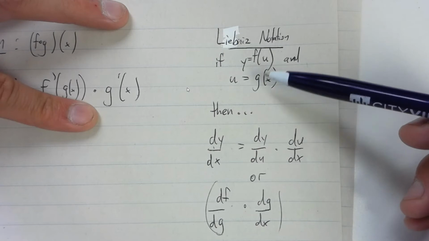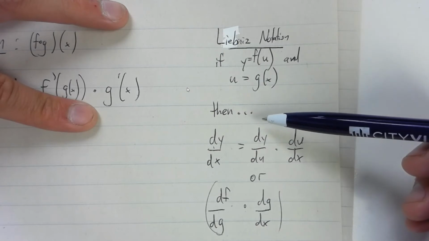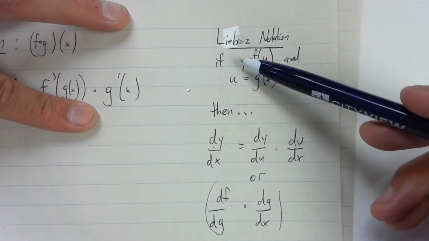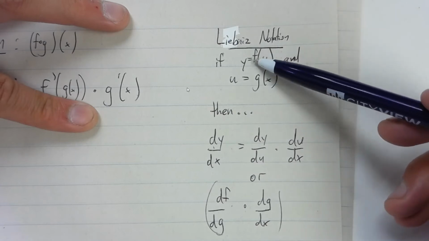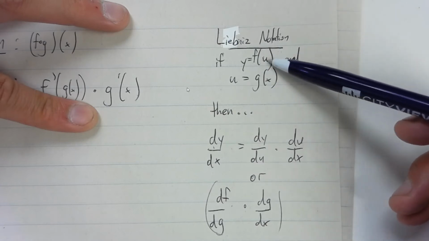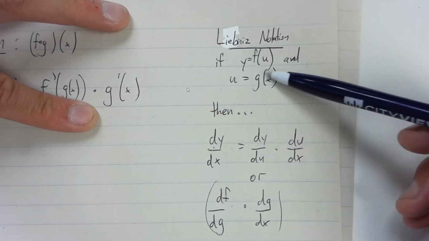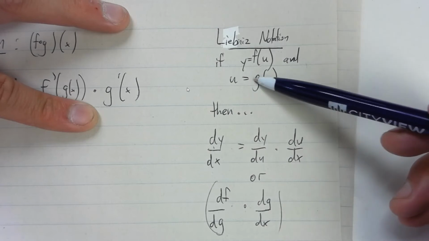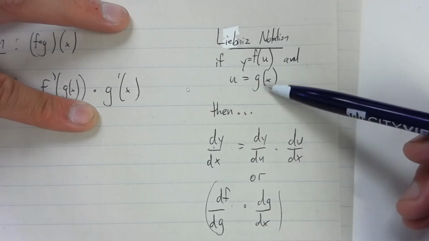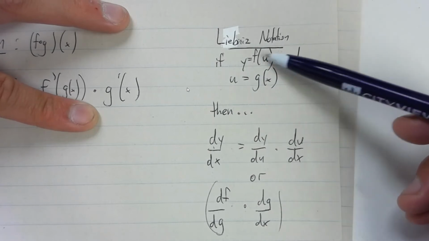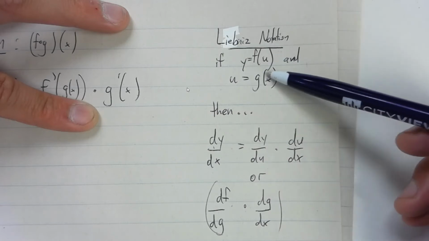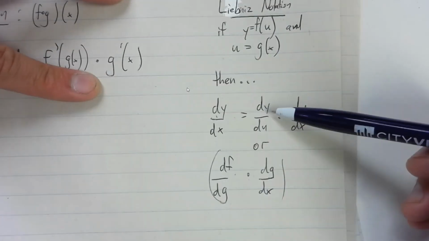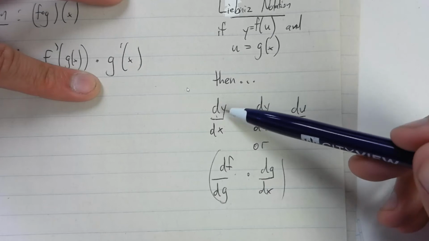This takes a long time to get used to in calculus. Let's look at an equation y is equal to f of u, a function of u, and then u itself is also a differentiable function, so it's another function that you can differentiate. So y is f of u, and whatever u is is also a function in itself. What we found out earlier was dy over dx.